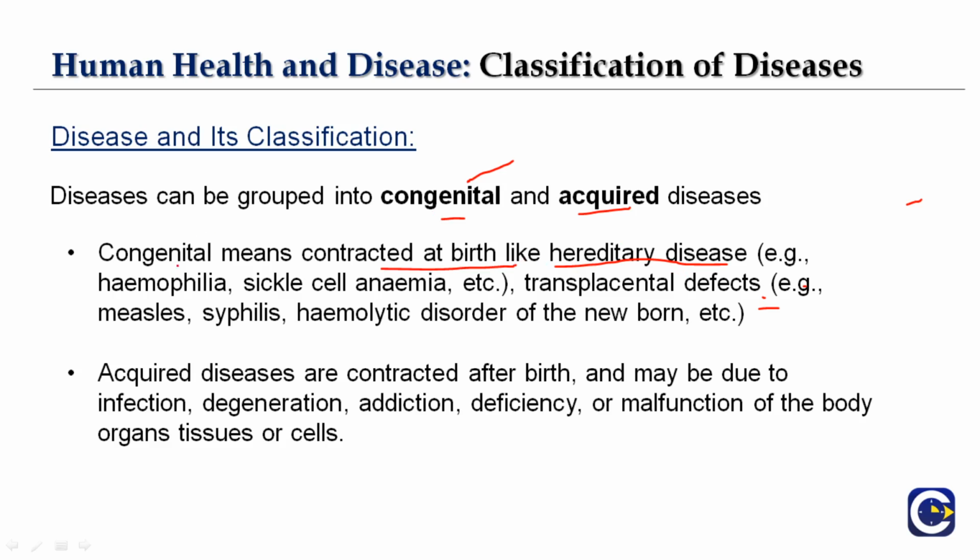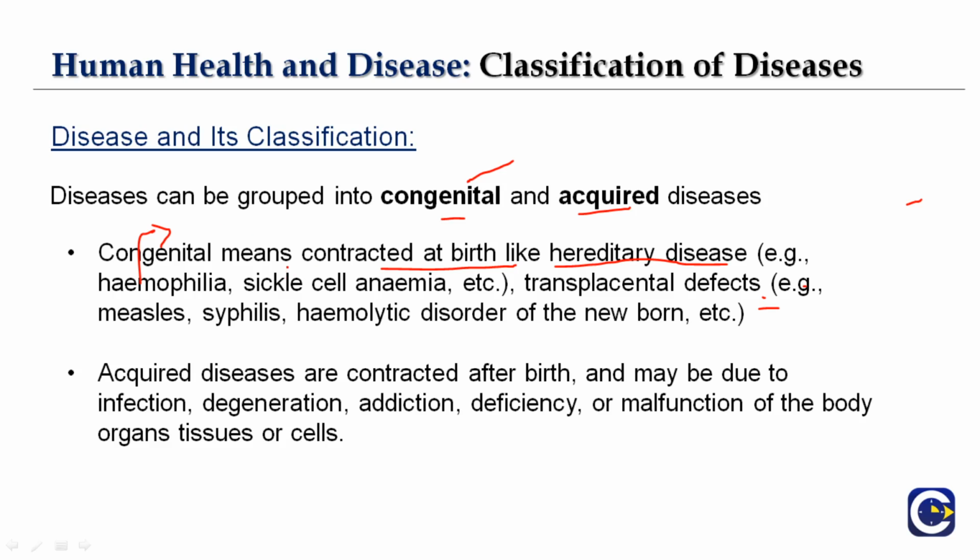Example, hemophilia. What is hemophilia? Any idea? Have you heard about this disease? Hemophilia is a genetic disorder where the person has the blood clotting factor at a severely reduced rate. Even a mild injury will subject that person to great blood loss.